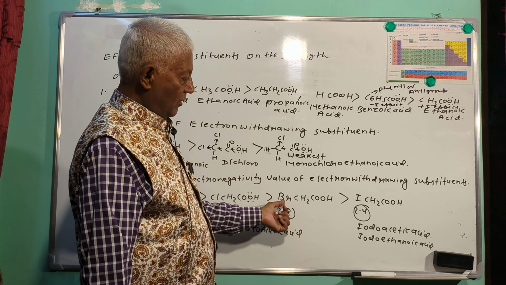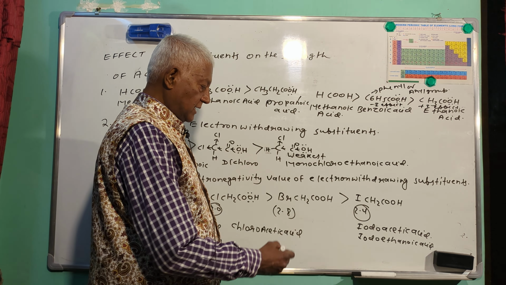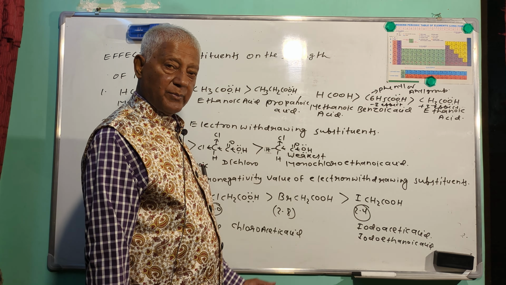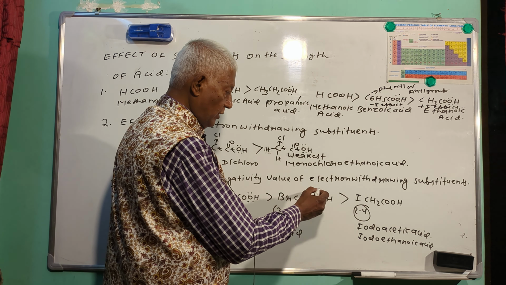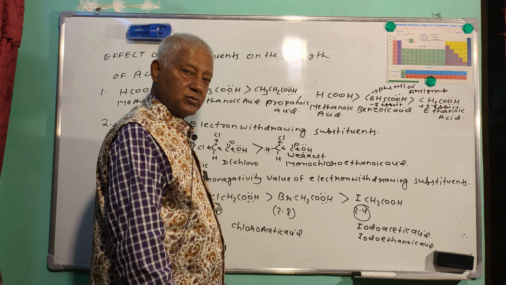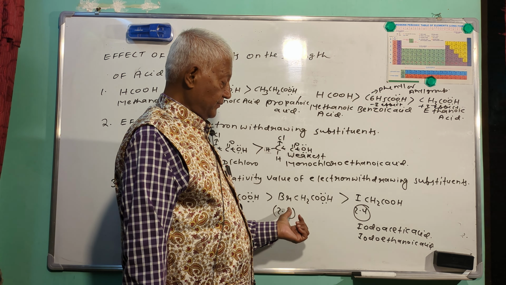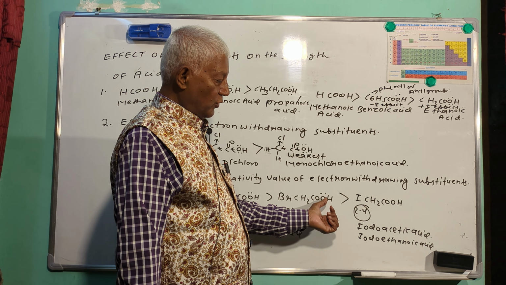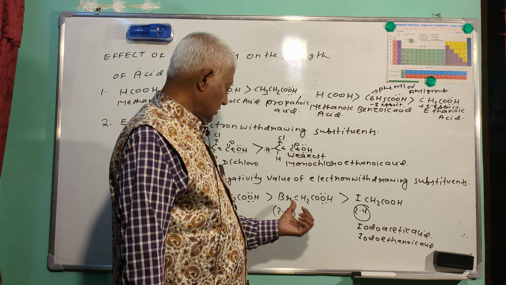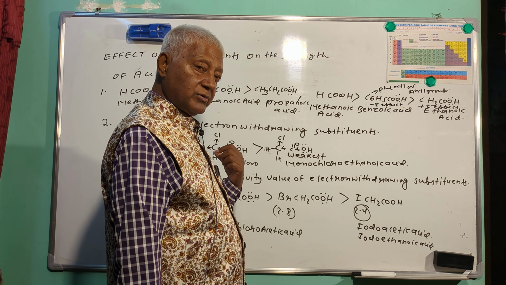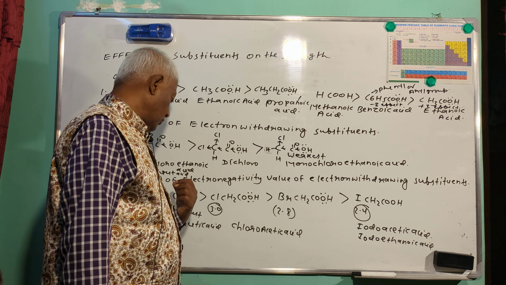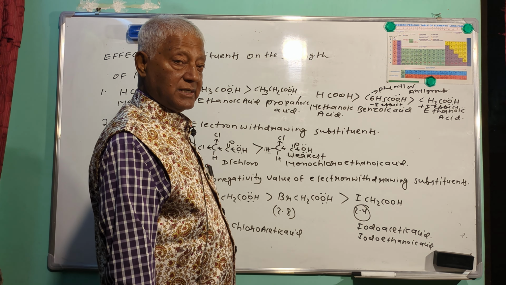Likewise, when you talk about bromine, the electronegativity value of bromine is 2.8. It also withdraws the electron towards itself. So the bond between O and H is somewhat stronger with respect to chloro and fluoro acetic acid.